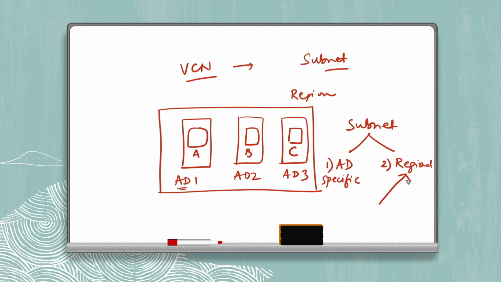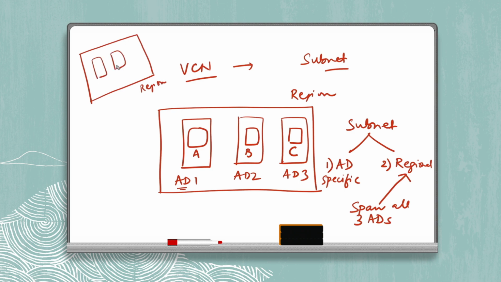Why? Because a regional subnet can span all three availability domains in a region. So how is it going to look? Okay, let me draw it here. You have a region, you have three availability domains, 1, 2, and 3.